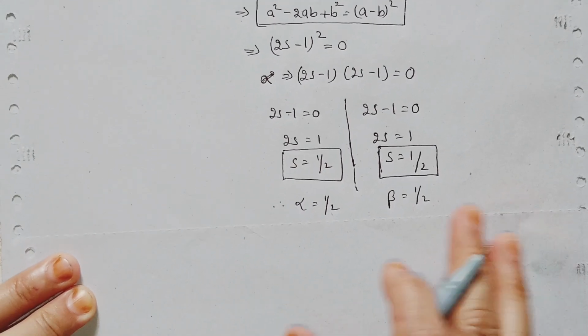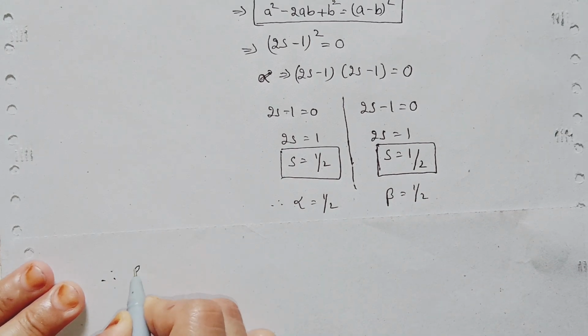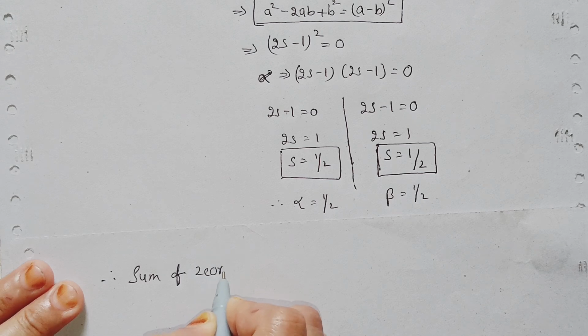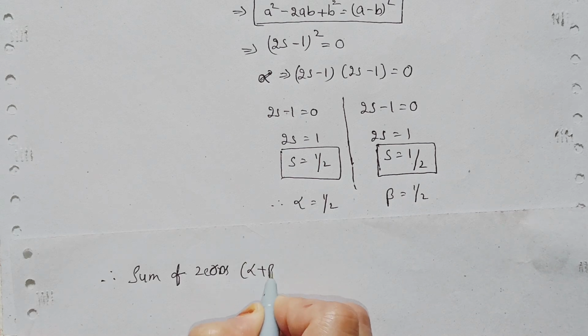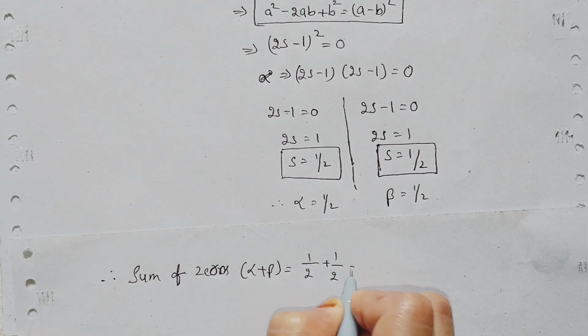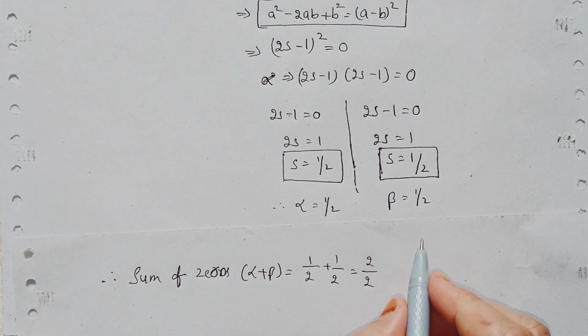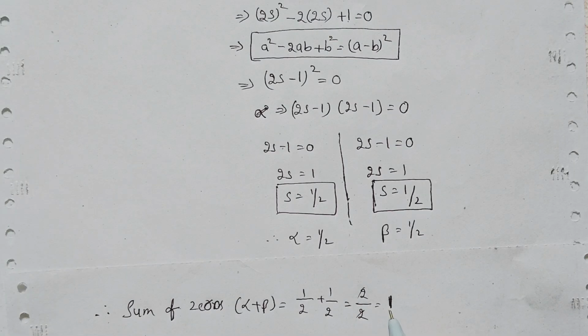So now we have to find the sum of zeros and product of zeros for this. Therefore, sum of zeros, which is alpha plus beta equal to 1 by 2 plus 1 by 2, which is 2 by 2. Okay, 2 by 2 is nothing but 1. We know that 2 by 2 is nothing but 1.